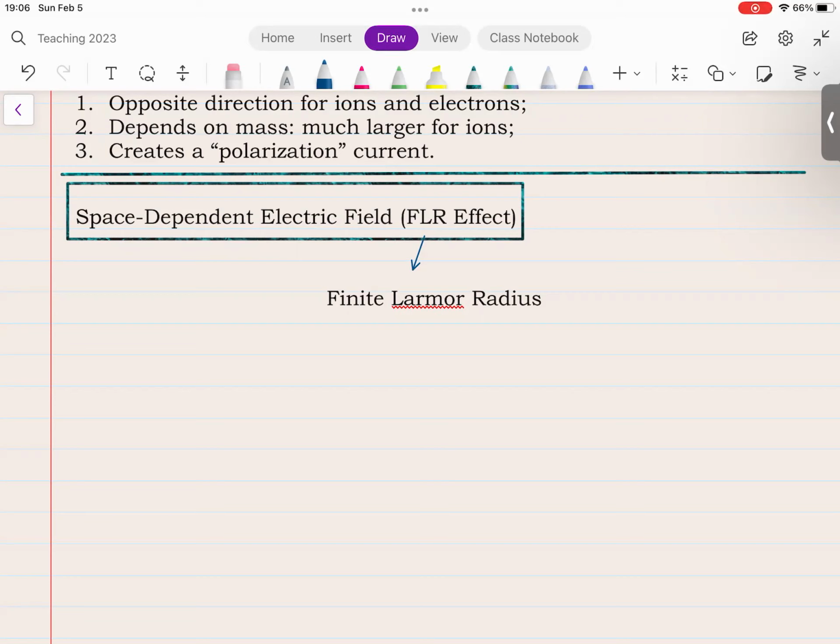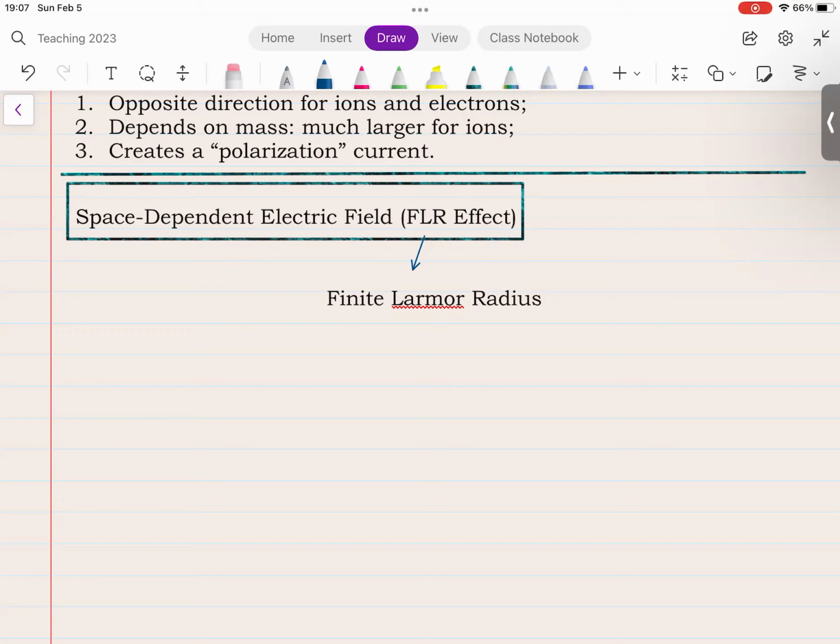Do you remember what we did for the grad B drift? Well, that's a finite Larmor radius effect. The particle can only see that the magnetic field is changing in space because over a gyration, that is over the distance between the two sides of the orbit, it sees different values of the magnetic field.